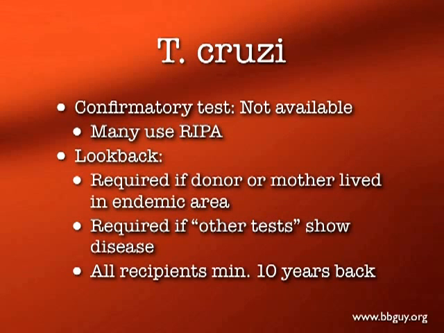So as a result of vertical transmission, if there is risk that this individual might actually have Chagas disease, then yes, you're required to look back and notify all people who have received blood from that particular donor for a minimum of 10 years. It's also required, by the way, if other tests show disease. Again, there's no confirmatory test, but if there's evidence of Chagas in other testing that's done, whether that's clinical or laboratory, you're required to do that same look back.